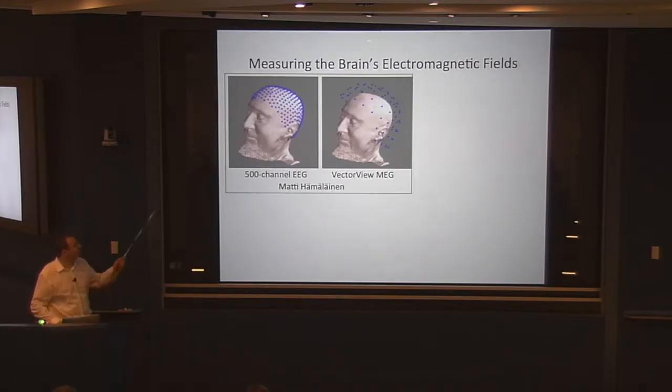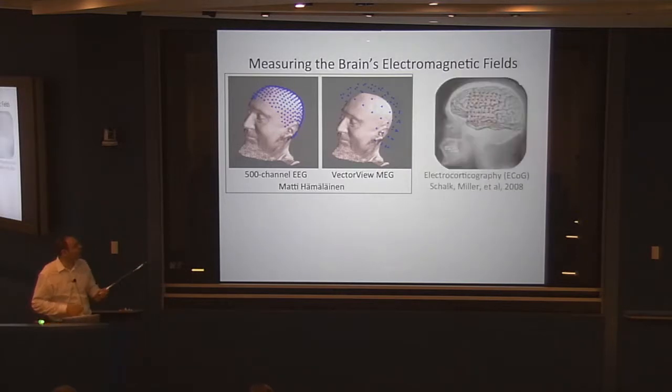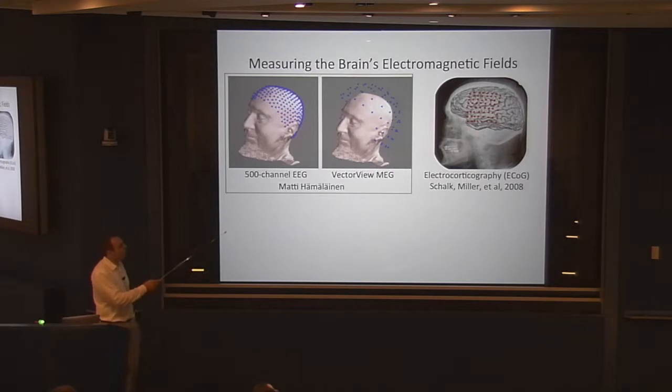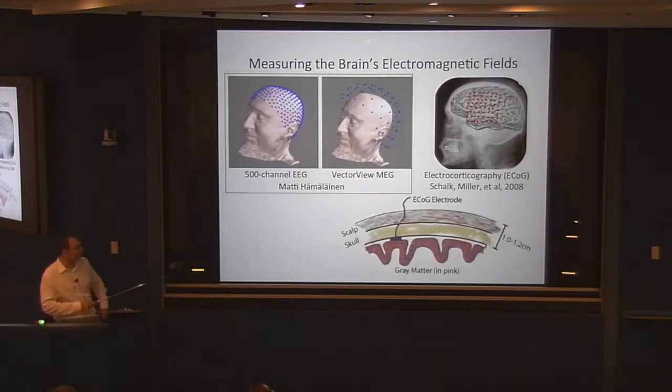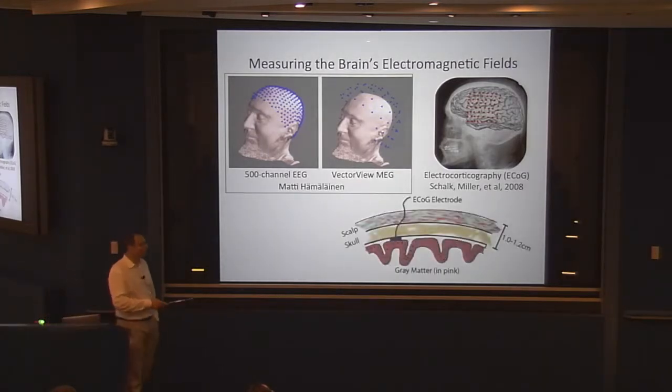Electrocorticography is effectively the same technology as EEG, but it goes under the skull instead of on top of the skull. That's a schematic brain showing a grid of electrodes placed under the skull on a CT image. It's done in patients, and I'll tell you about that in a moment.